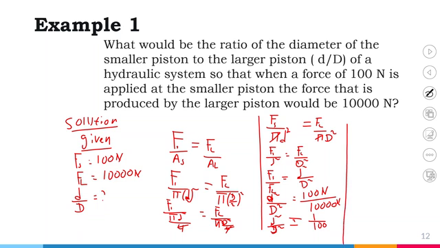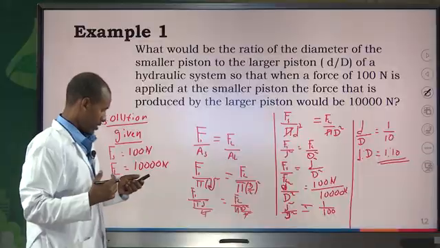Finally, we can take the square root of both sides, and we get small d over capital D is equal to 1 over 10. Then the ratio of small d to capital D is 1 to 10. This is how we can apply Pascal's principle in solving problems.